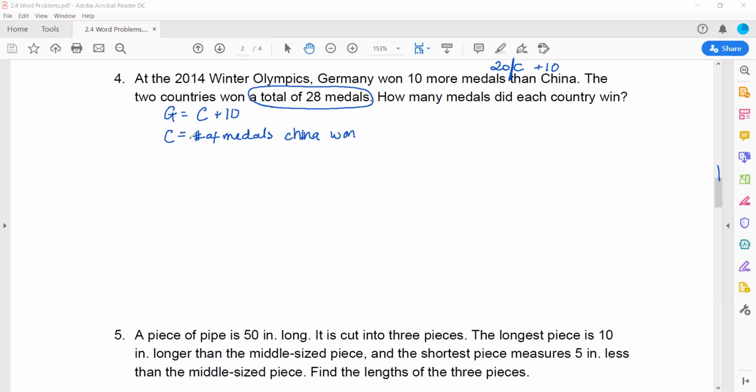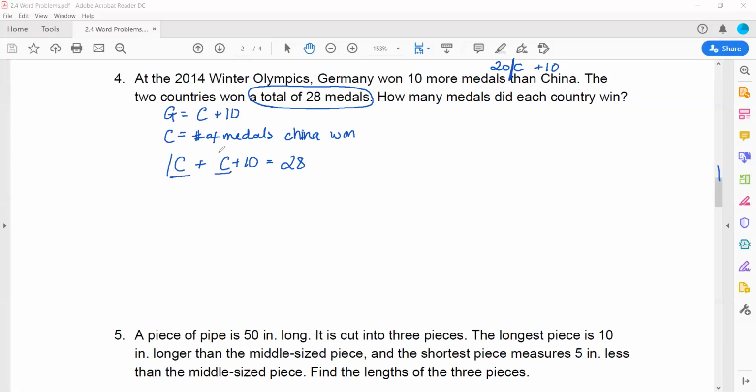And so now our equation, they have a total of 28. So if we add these two together, so the number that China won plus the number that Germany won in terms of C plus 10, we should get 28. So now let's solve this. Let's combine like terms.